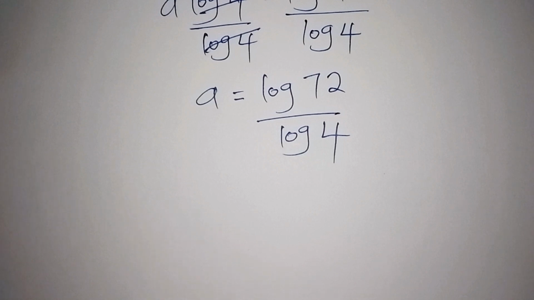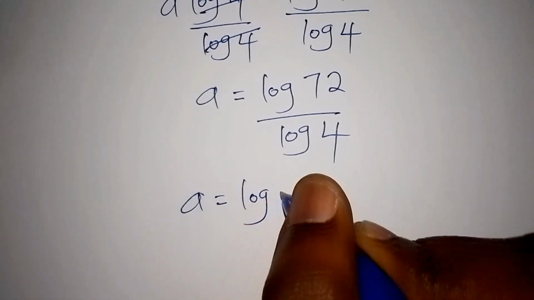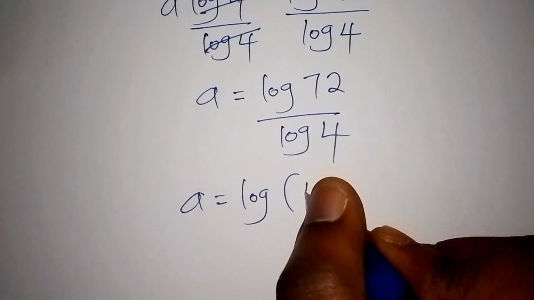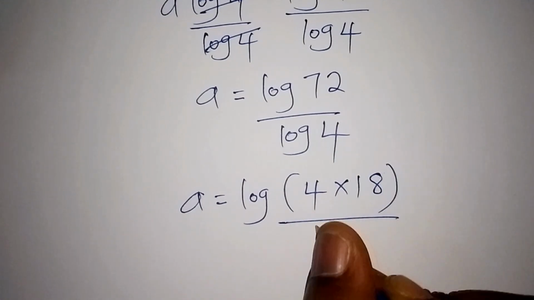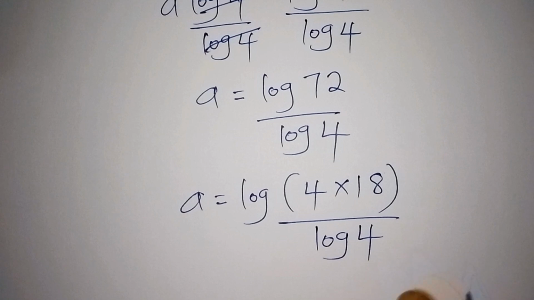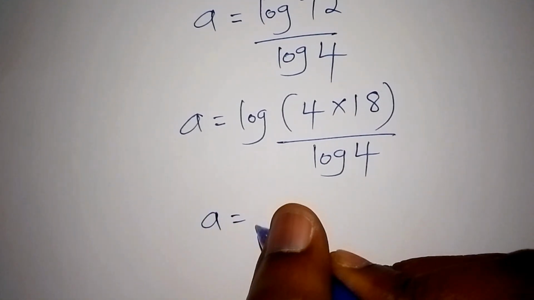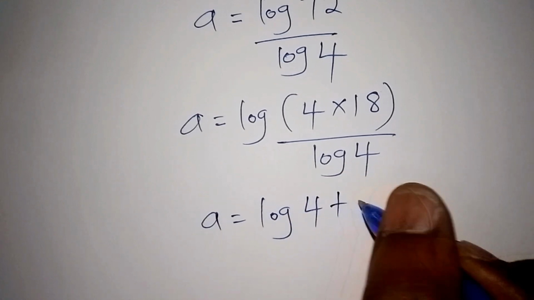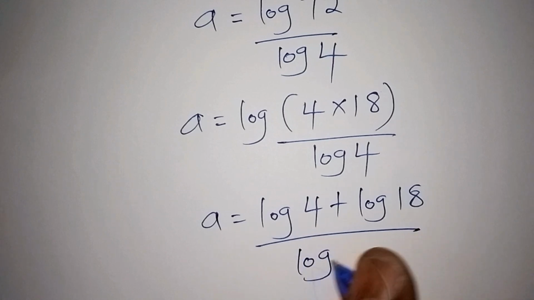We can still go ahead and continue working it out by having a is equal to the log of 72, which can also be written as 4 multiplied by 18, all over the log of 4. So a now is equal to the log of 4 plus the log of 18 all over the log of 4.